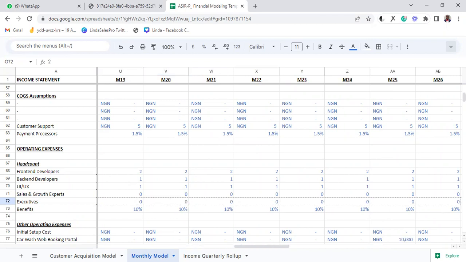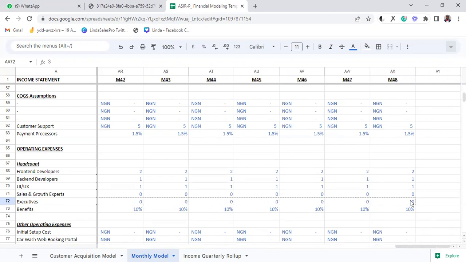So we can have this till maybe at any point. Remember, all of these are assumptions. So we can have this till month 24, and then we increase it to 3. Maybe we now have 3 executives till the end. So that could be what we have.